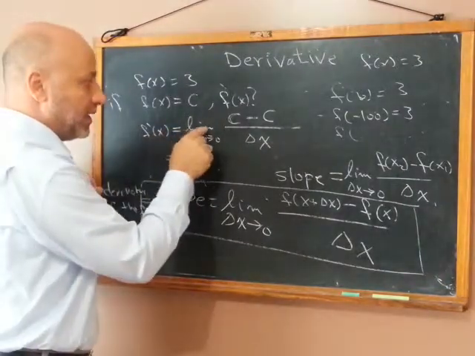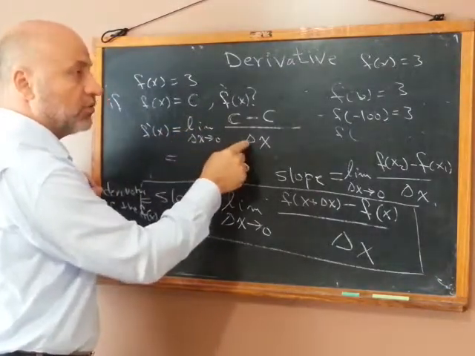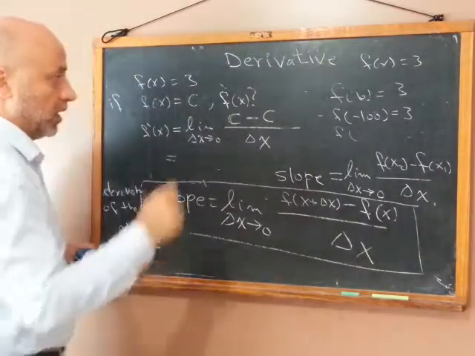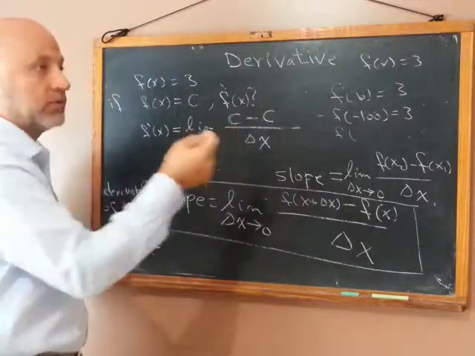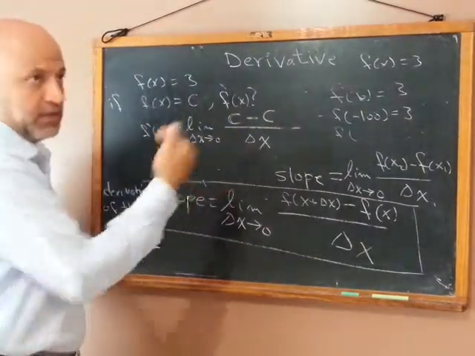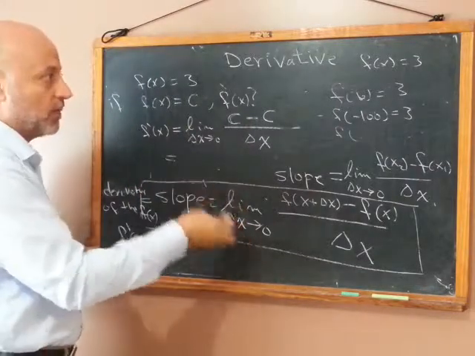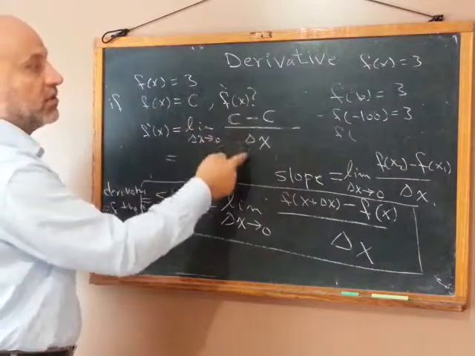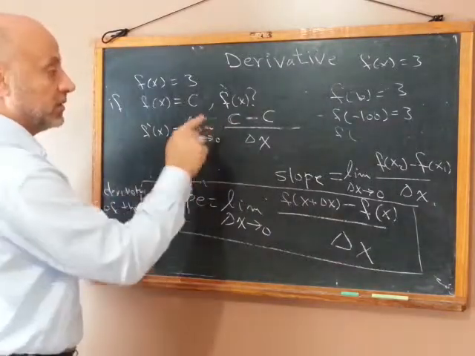But when we let delta x go to 0, delta x is not 0. In other words, the numerator is going to reach 0 faster than the denominator. So we have no problem. We are not dividing by 0. Some students say, no, this is 0 over 0. No, this is not 0 over 0.